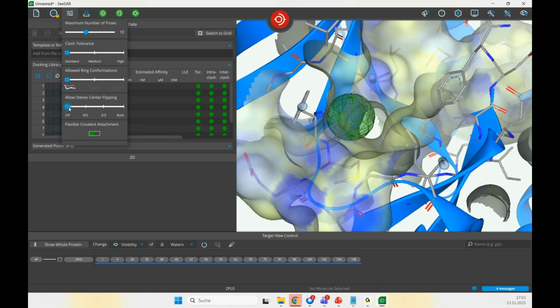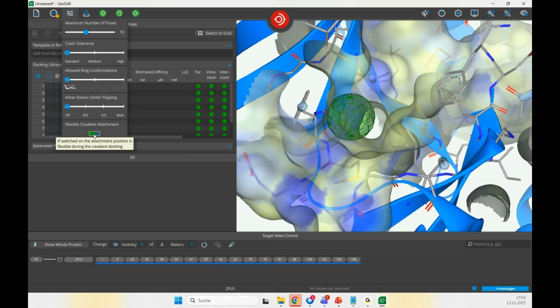You can also allow the stereo center flipping for R and S, E and Z, and both at the same time. So especially if working with SMILES catalogs that do not include stereochemistry, you can use those to sample all potential conformations of your stereoisomers of your compounds. And also for the flexible covalent attachment, basically if you have a covalent attachment point like at cysteine, you have to imagine it like this.